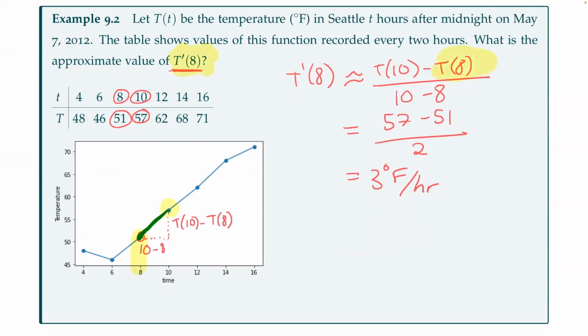We take a point nearby. I could have gone here, or I could have gone here to 6, or I go to 10. Here I'm going to go to 10. Make sure you keep the order of these things on the bottom the same. So this is like my h here, the 10 minus 8. That's working out what the change in my x direction is, and the change in my function values on the top. And this will give me an approximation for what the rate of change is.